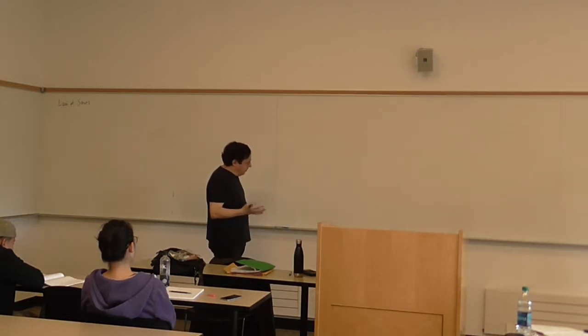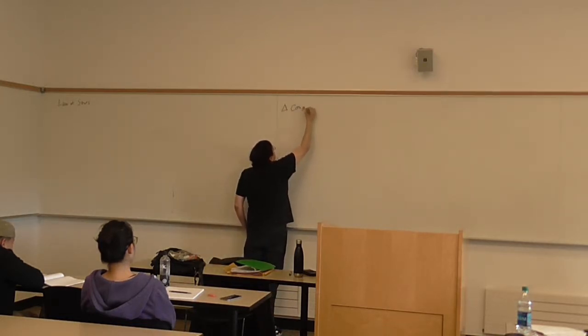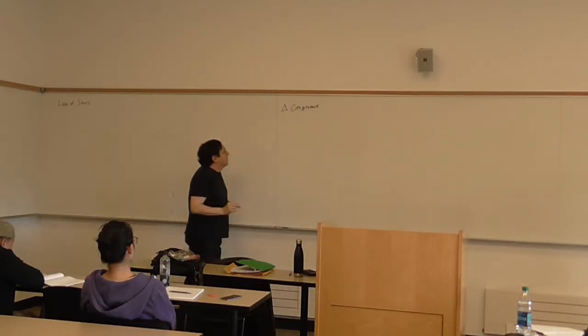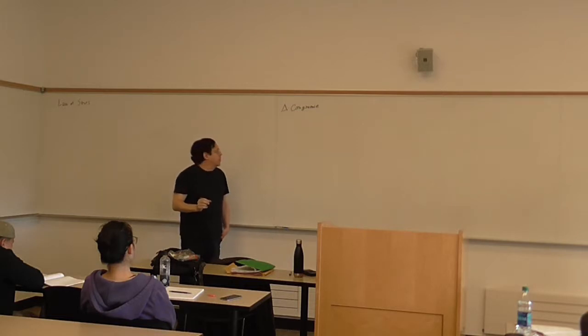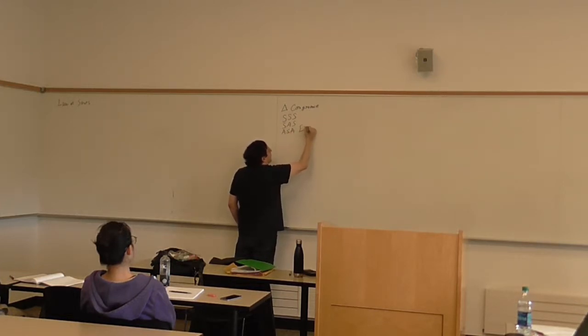I know I've said this before. I don't think I've said it very clearly, but we have a set of triangle congruence theorems from geometry. You should be familiar with SSS, SAS, ASA, put in brackets here, AA, AAS, and then HL.